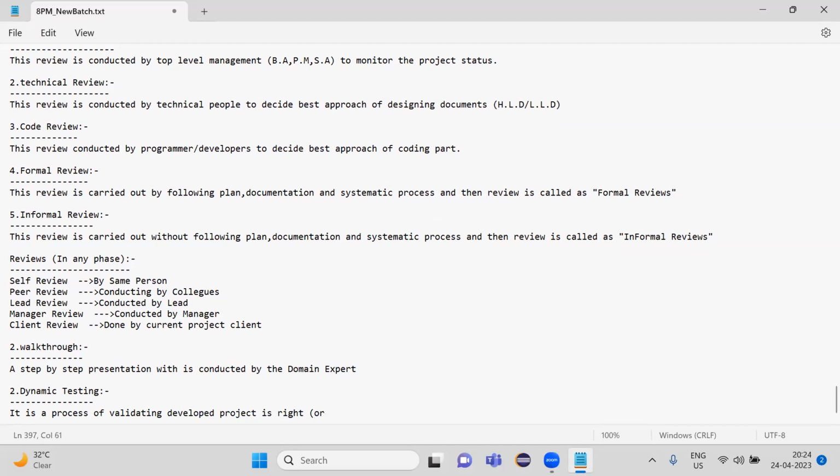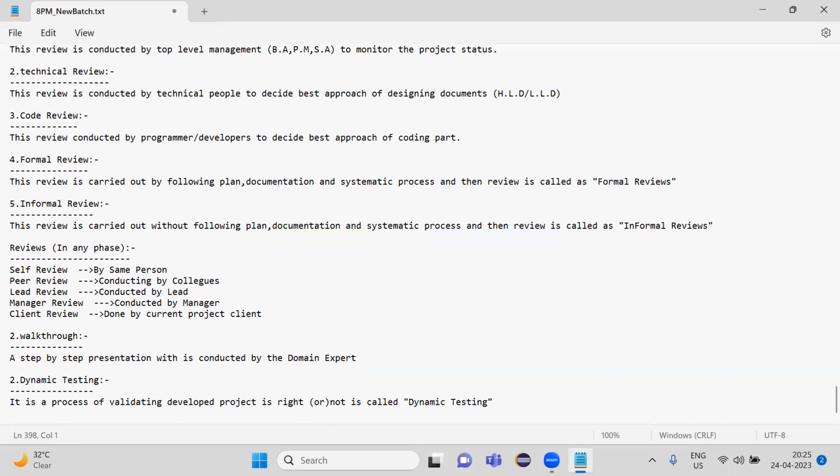That is called dynamic testing. What is another name for dynamic testing? Validation. Another name for dynamic testing is validation.